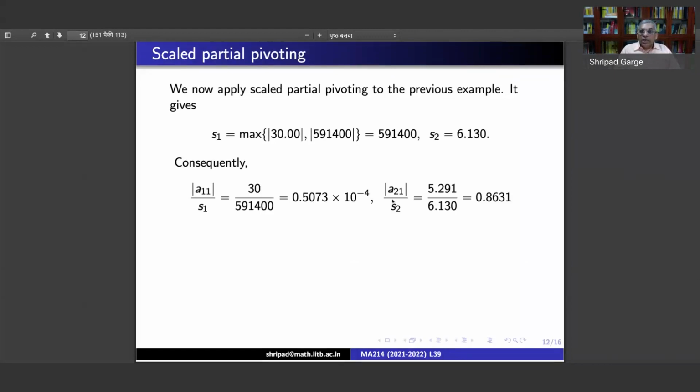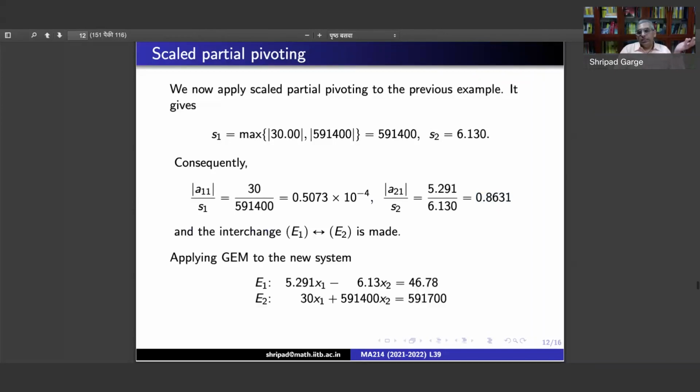And for a21 upon S2, it is 0.8631. So we see that the second row has to be put first, because by the scaling, the scaled partial pivot is bigger for the second row. So the interchange E1, E2 is made, and then you get the correct solutions. From here, we will get the correct results, x1 equal to 10 and x2 equal to 1.